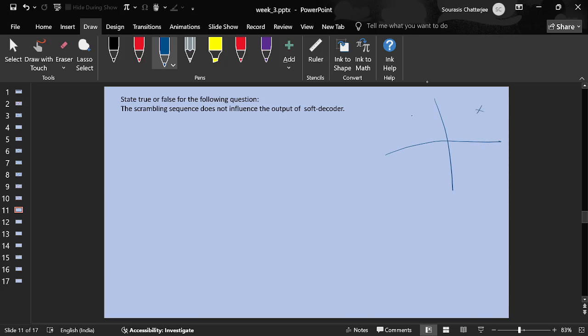Say a QPSK constellation diagram is there, and 00 is being transmitted, and your received signal is somewhere here. According to the nearest detection rule, you are going to choose this, which is, let's say, 01. So hard decoding means that in the demodulation stage you already made the decision that 01 is transmitted, as she told correctly.